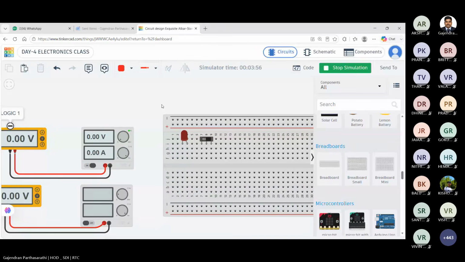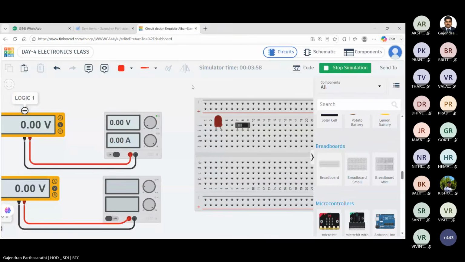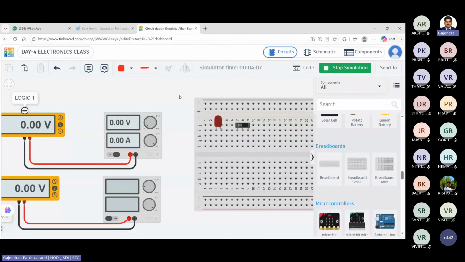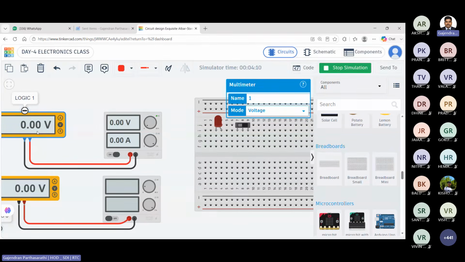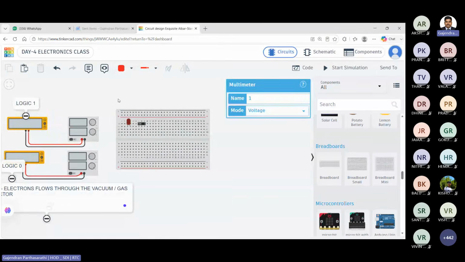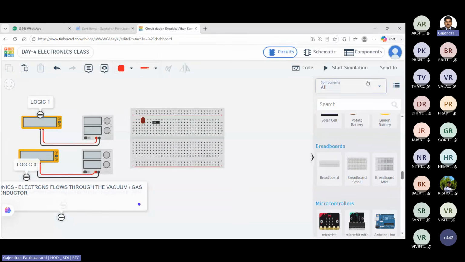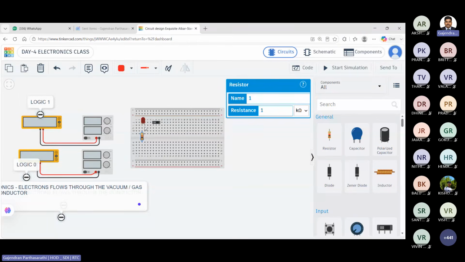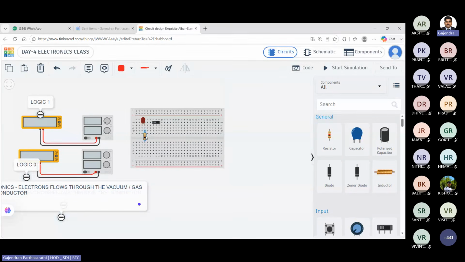See here, everyone. Someone asked, sir, why are you putting an additional multimeter? I fitted the additional multimeter to measure the voltage levels across the device. Whenever we connect an LED, to keep the LED safe, we use one resistor in series with it to limit the current flow.